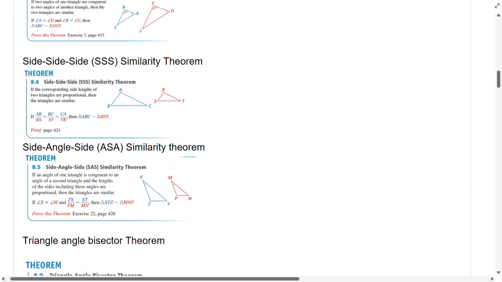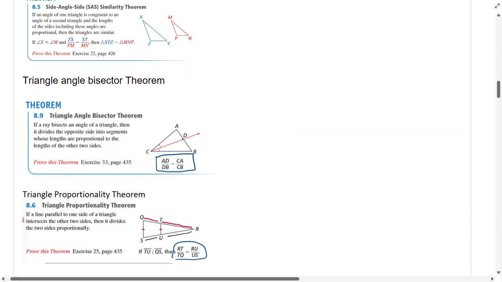Side angle side says just what it is: if one side is proportional to the one on the next triangle, and another is proportional to one that's enclosed by congruent angles, then the triangles are similar.